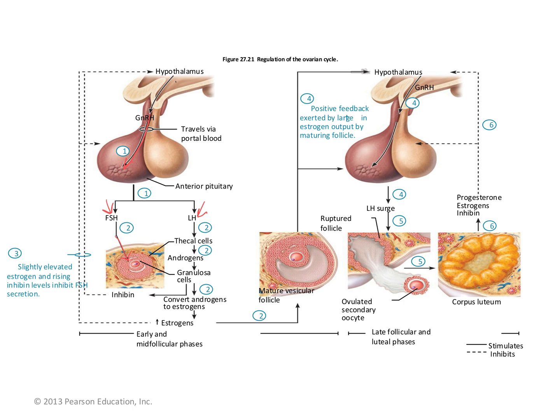Thecal cells produce androgens, which get converted by granulosa cells into estrogen. Your increase in estrogen and rising inhibin levels is going to turn off GnRH, FSH, and LH. And so one of our follicles, the one that no longer depends on FSH, will become a mature vesicular follicle.